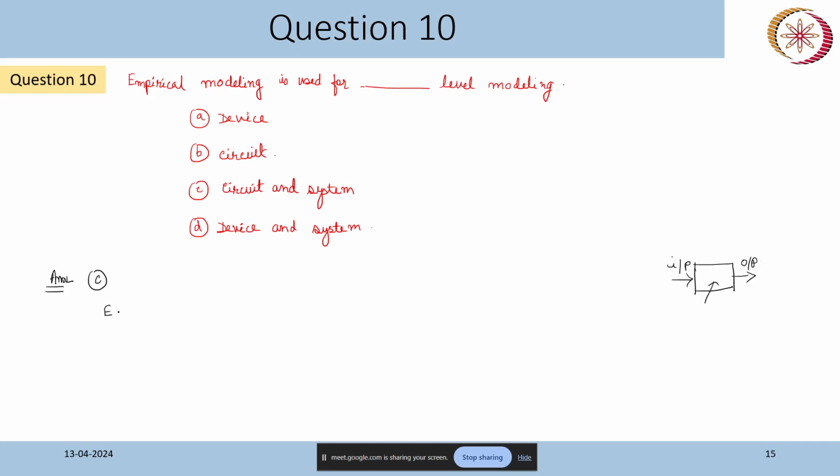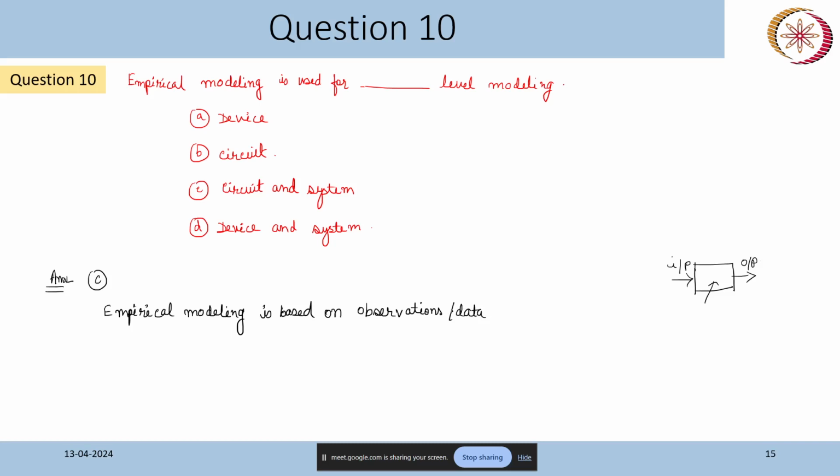So I will write down whatever I have said. Empirical modeling is based on observations slash data.